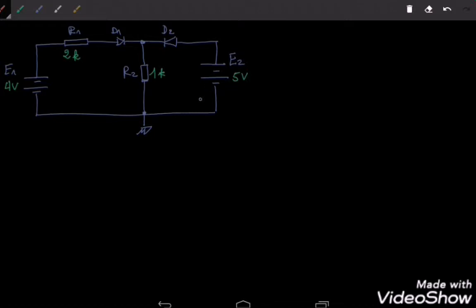Now, just to make the analysis of this circuit easier, I will draw it in another way. So here I have 0 volts, I have 5 volts, here I have 4 volts. Now I can draw this circuit in this way. In this point I have 4 volts, which will drop across a resistor R1.